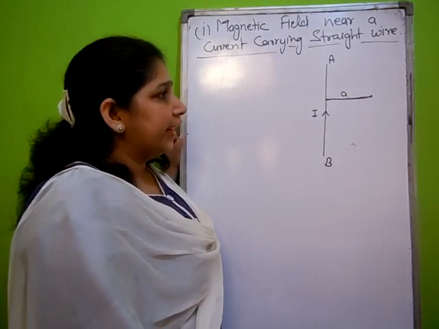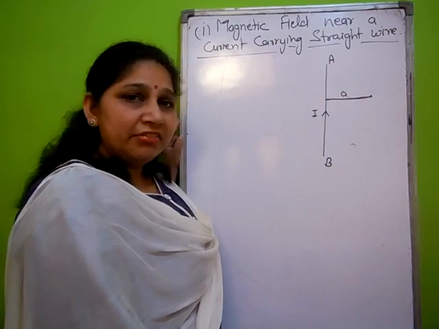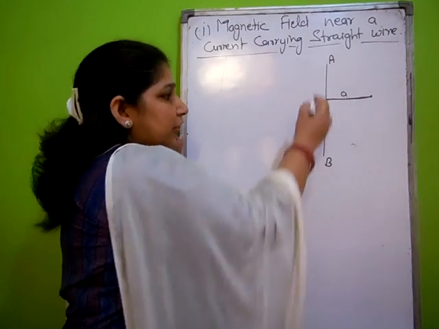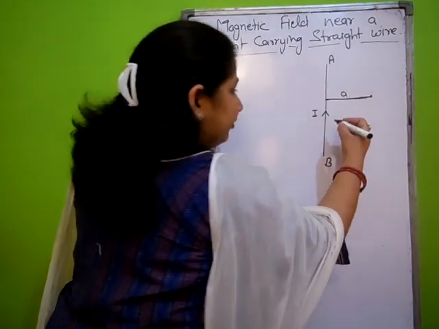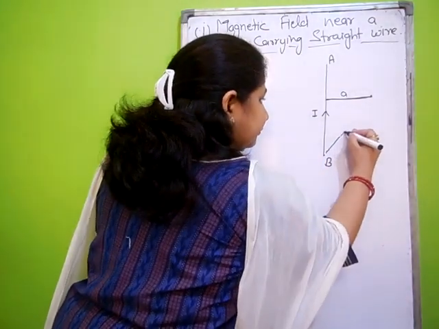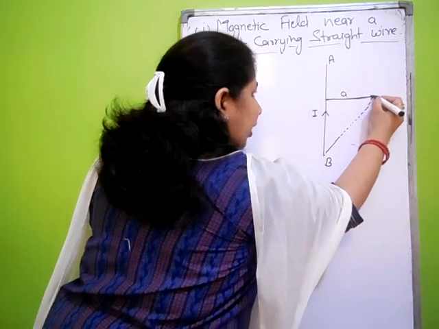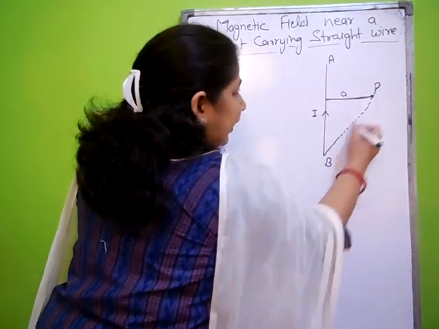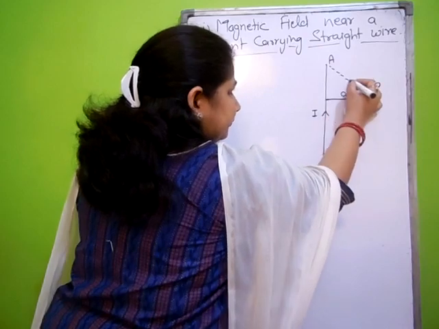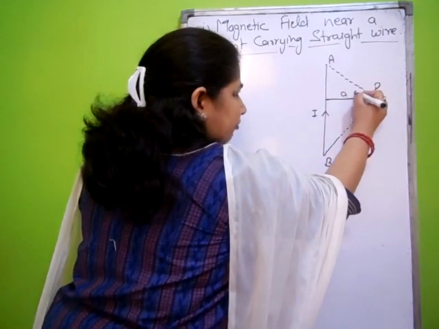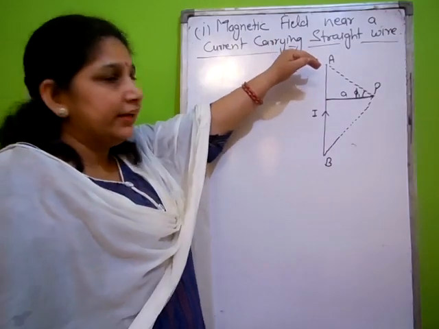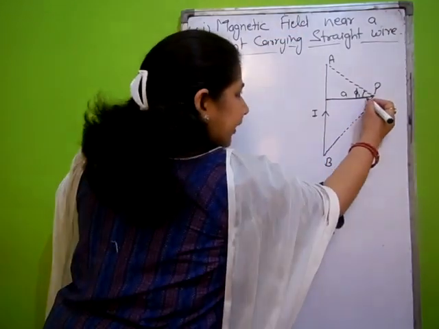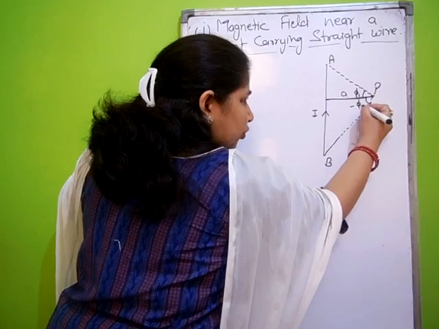So we will take another parameter, that will be the angle from the ends of the conductor. Suppose we have a point P here and it makes angle phi 1 at one end of the conductor and angle minus phi 2 at the other.